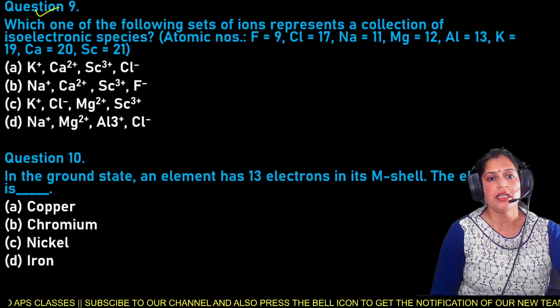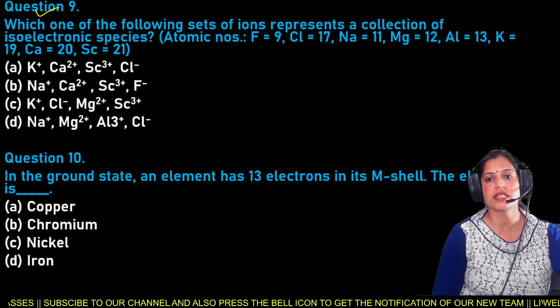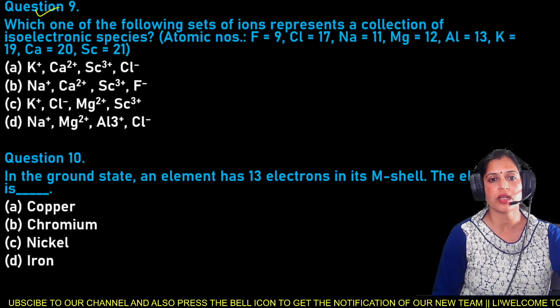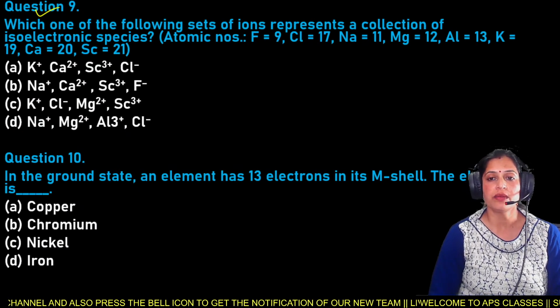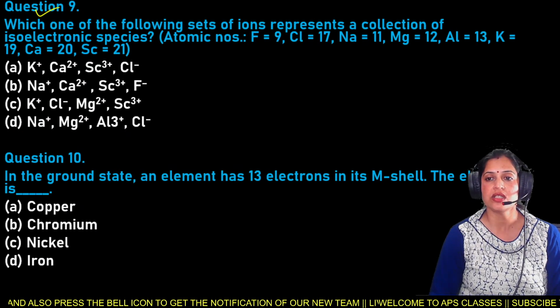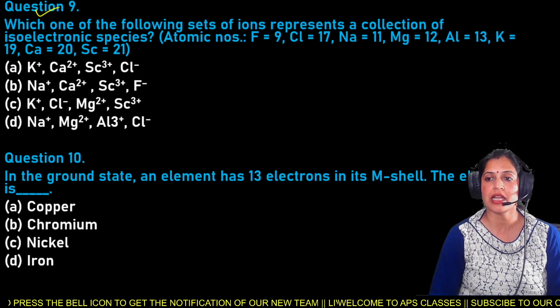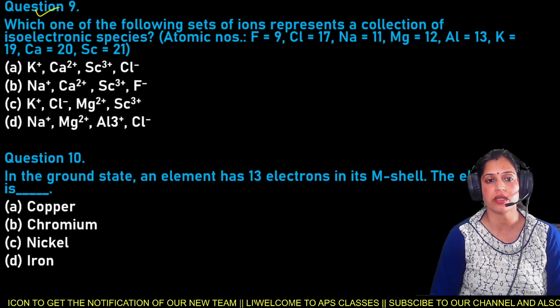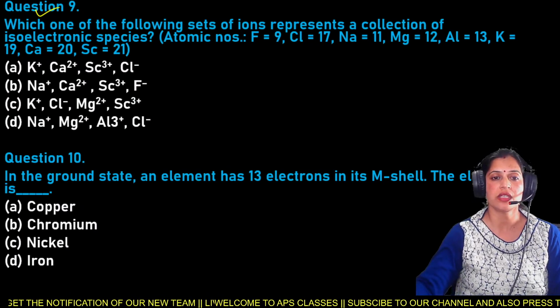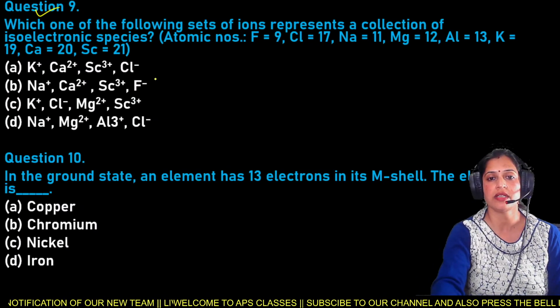Your question number 9 is: which one of the following sets of ions represents a collection of isoelectronic species? Atomic numbers: fluorine 9, chlorine 17, sodium 11, magnesium 12, aluminium 13, potassium 19, calcium 20, and scandium 21. Options are: A, K+, Ca2+, Sc3+, and Cl-.